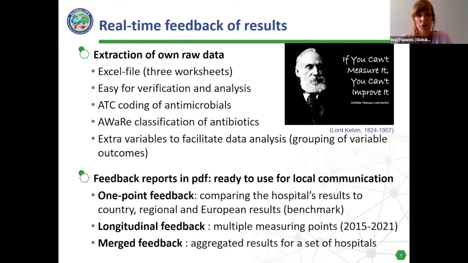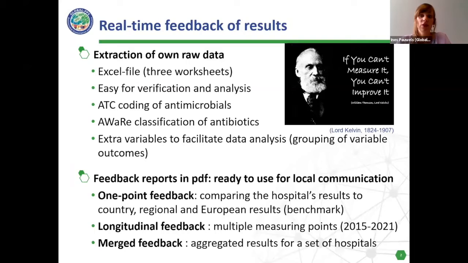It will have your own hospital data, but it will also have the benchmarking data. By benchmarking data, we mean the data of your country, of your continent, or of the same hospital type, for example, all tertiary hospitals within your continent. And so you can use this data for comparison.